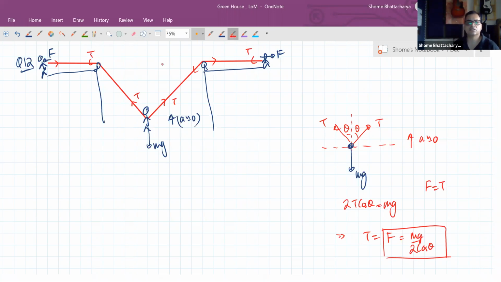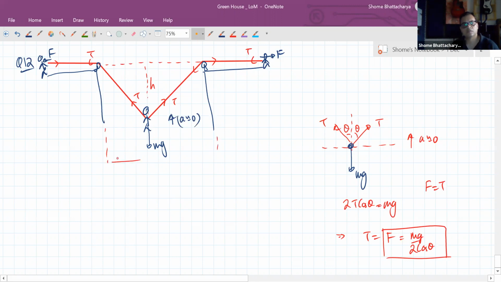So for that, you can see the geometry of this triangle is given to us. This depth is given to us. It's h, and this whole distance from here to here, this is given to us as d.